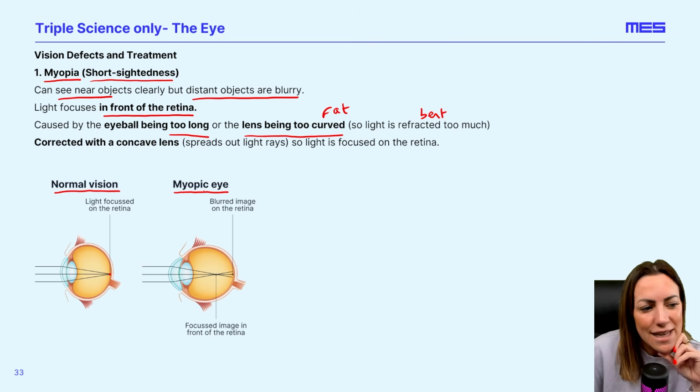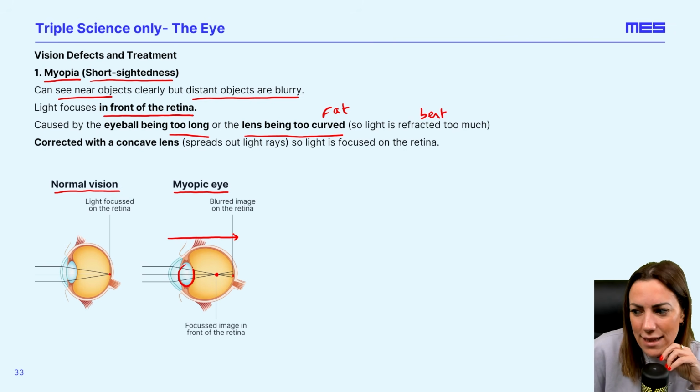So when they're looking at things in the distance, you can see that the light is focused in front of the retina. It is not hitting the retina or focusing on the retina as it should be. Now, this might be because their eyeball is too long, or maybe their lens is more curved or fatter. It's bending the light too much, so it is focusing in front of the retina.